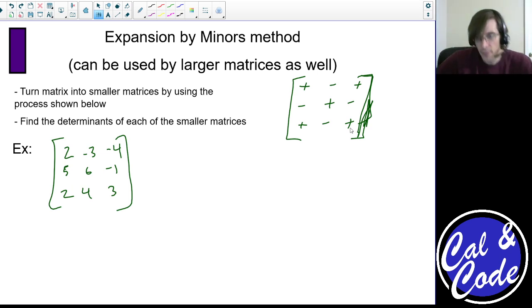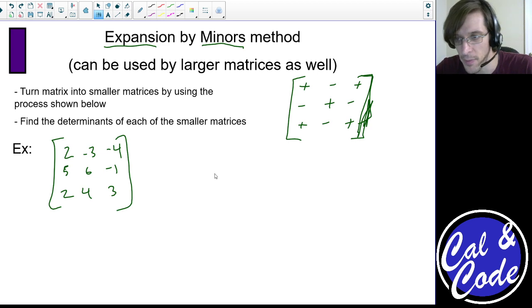So this method that we did right here, assigning these values, is going to help me when I'm doing my expansion. I'm expanding it by finding smaller matrices. These are my minors. The process that we're going to use is we're going to pick a column to be my anchor column, or a row to be my anchor row.